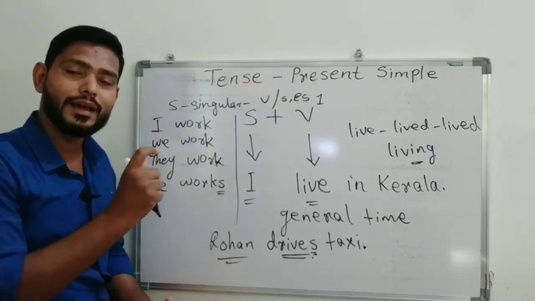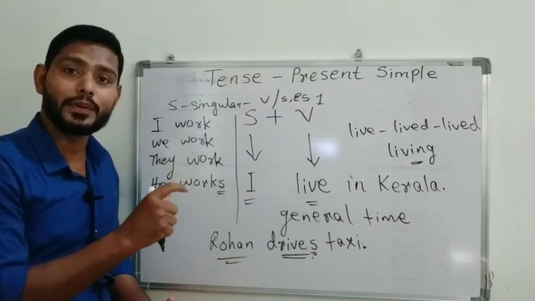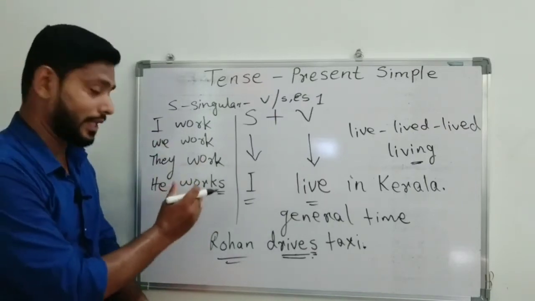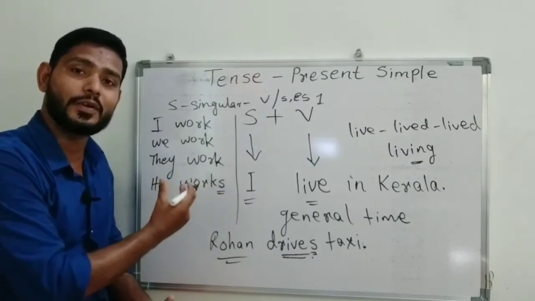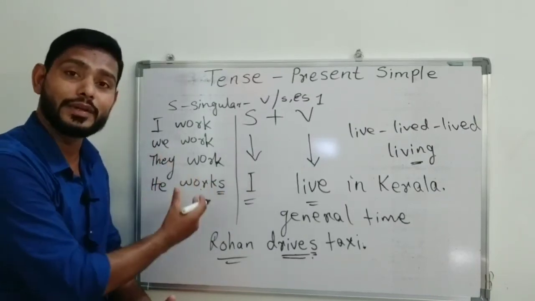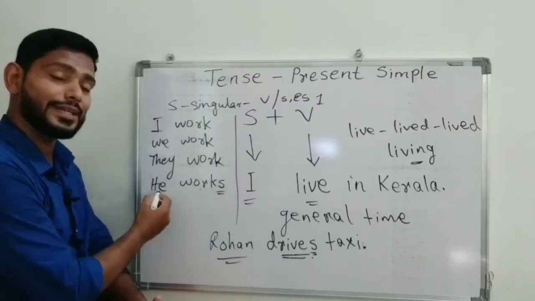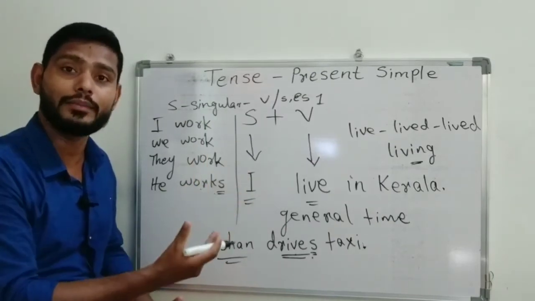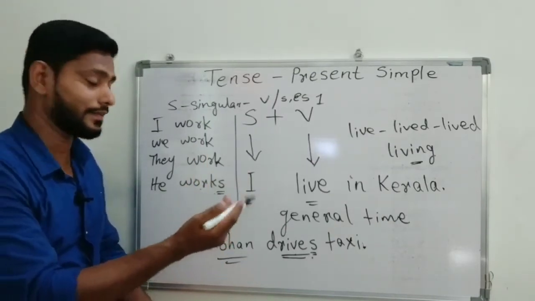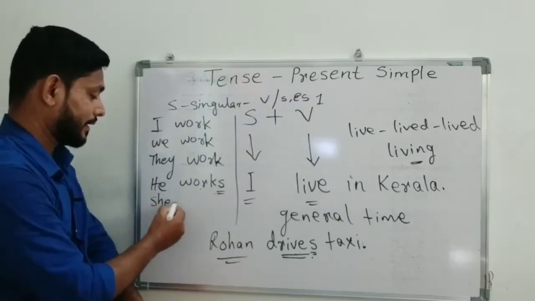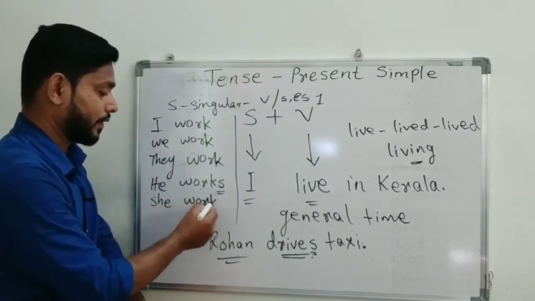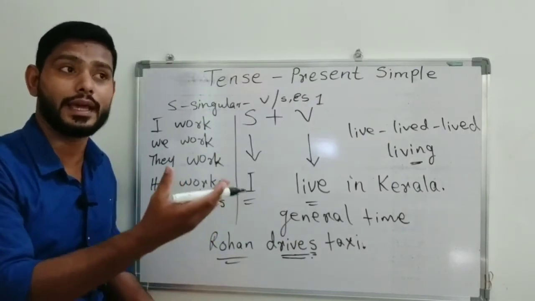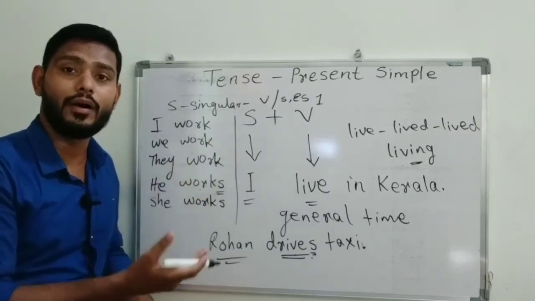This can be confusing when it comes to plural and singular nouns, but when it comes to singular and plural verbs, this is the rule: if we add s or es at the end of the verb, the verb becomes singular. So he is singular, so here the verb is works. He works in a Coca-Cola company. He works as a teacher. The same here, she works. She works in our school. She works in a company nearby her home.